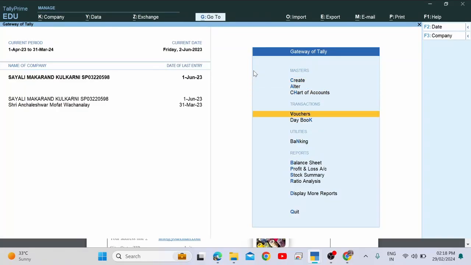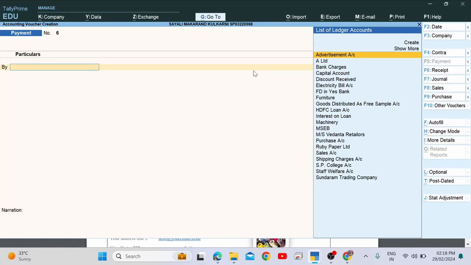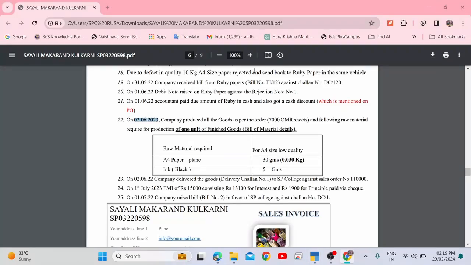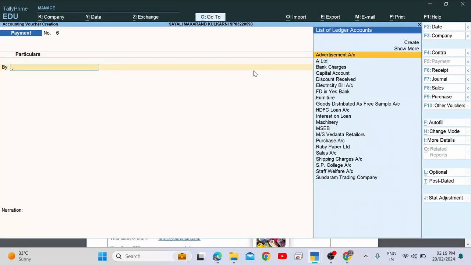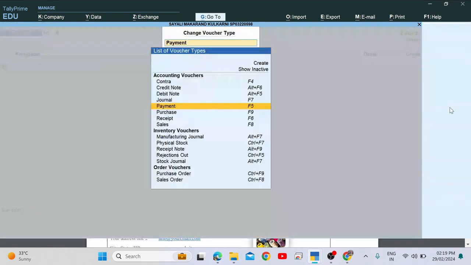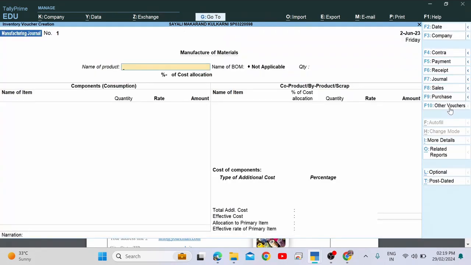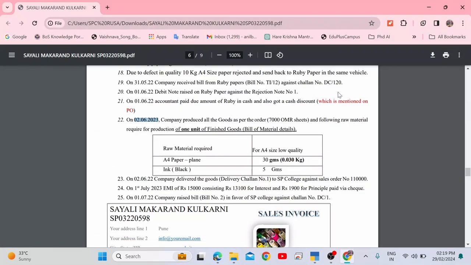And then now in the vouchers, on 2nd June, am I correct? On 2nd June, manufacturing journal on other vouchers, and now somewhere you will get here manufacturing journal. Now that manufacturing journal there, okay. What are you producing? OMR sheet.